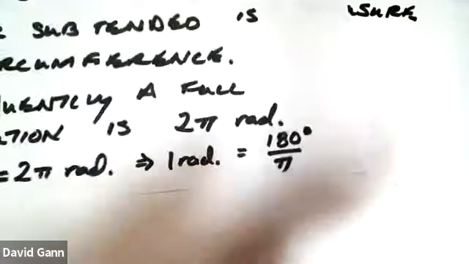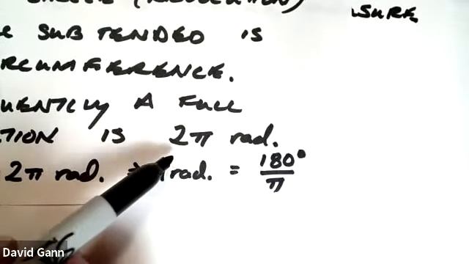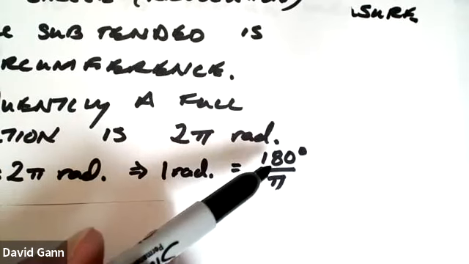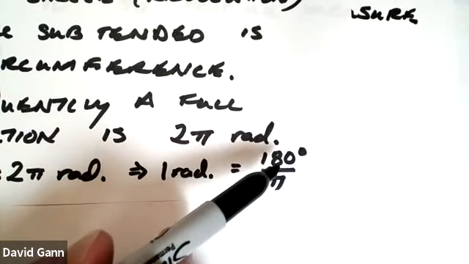Okay, so how might we do that? Well, first off, the principal conversion that I've produced here was if you had something in radians and wanted to convert it to degrees, you'd multiply by this ratio. We're going to go the other way.